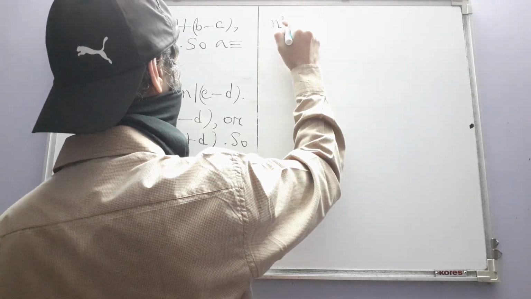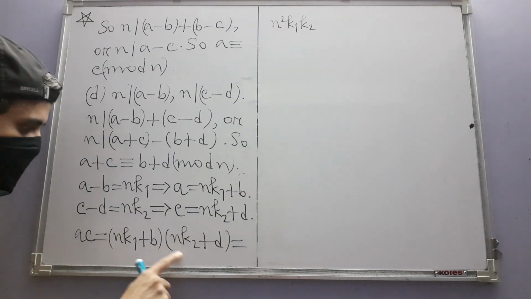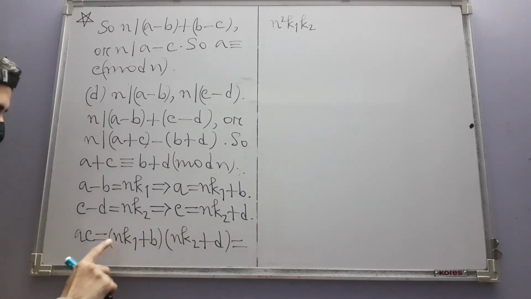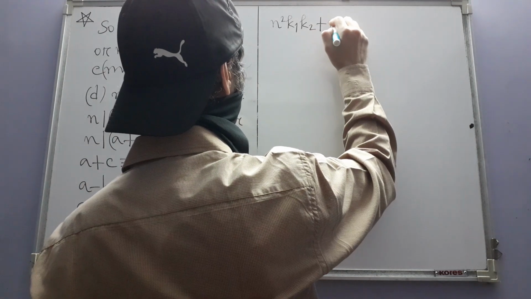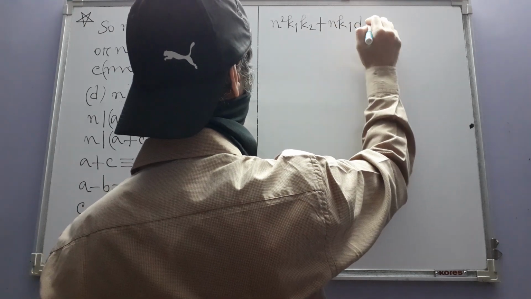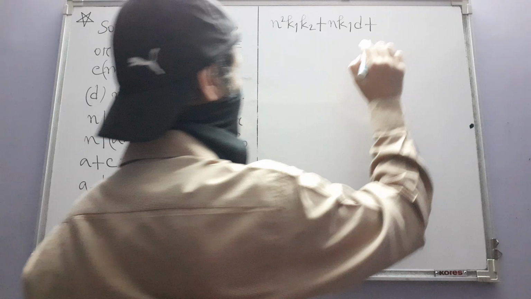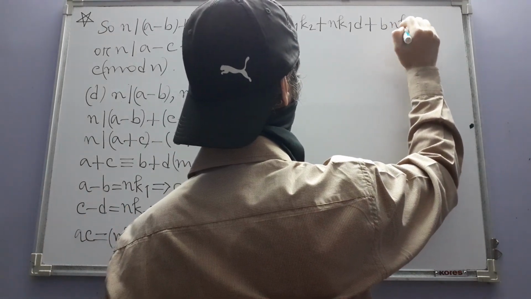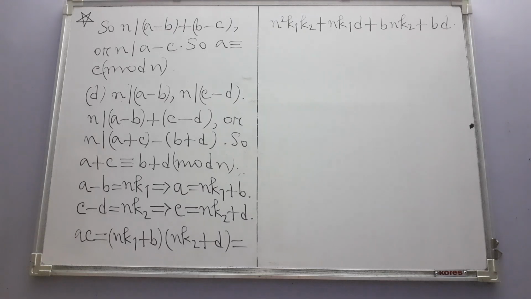First we get n square k1 k2, okay, n square k1 k2. Then we also get n k1 d plus dn k2, and finally bd.